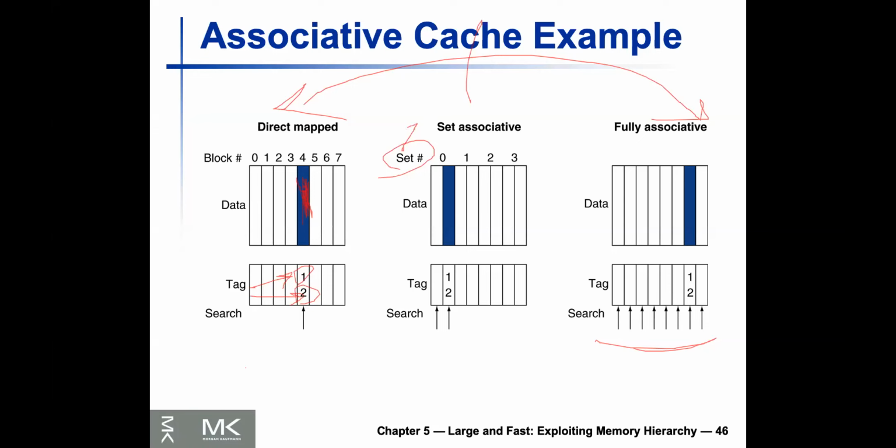We can easily understand I need 2 bits here in order to determine which set I'm looking for. And this determines the architecture of my cache, which is n-way set associative.